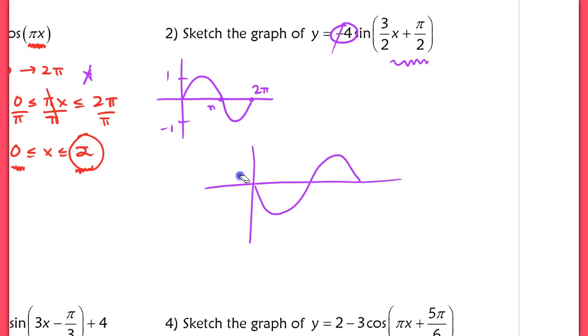So what I'm going to do again is trap this in between 0 and 2 pi. So I have 3/2 x plus pi over 2 trapped between 0 and 2 pi. So I'm going to figure out where this begins and where it ends by solving again for x. So I would subtract pi over 2 on both sides.